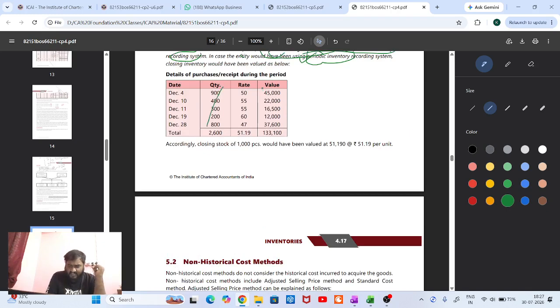Write all the purchases, write all the dates, write all the values. Sir, I have written. How did we do? Oh my god, I forgot how we did. Closing stock would have been valued at 10,000.